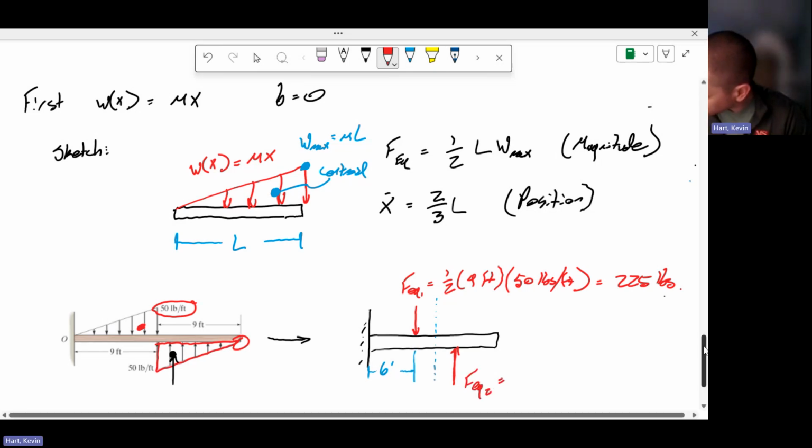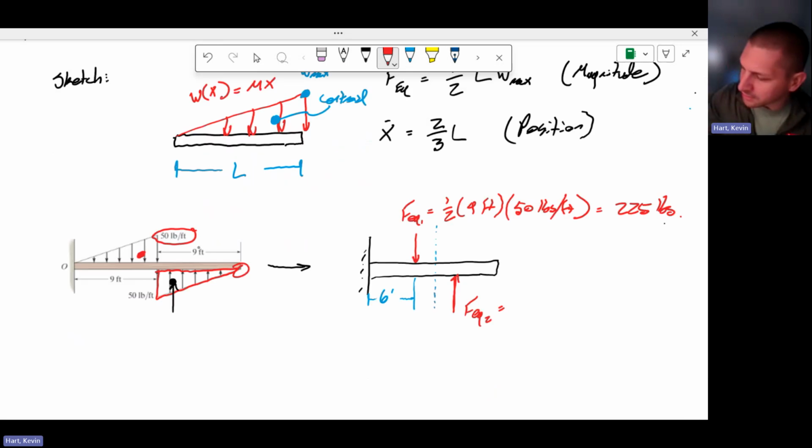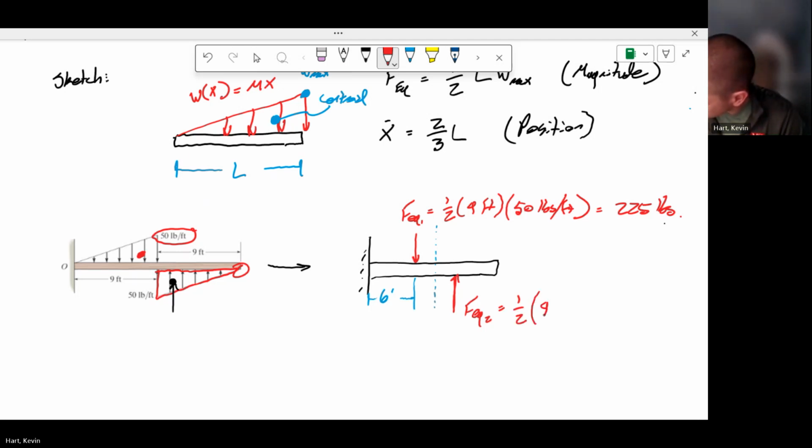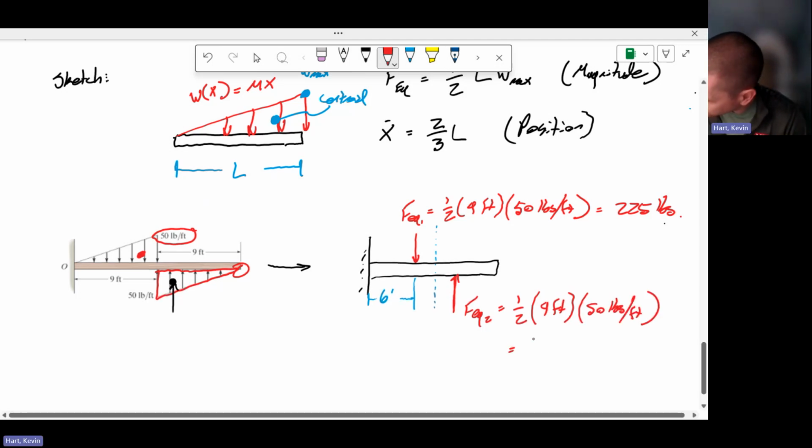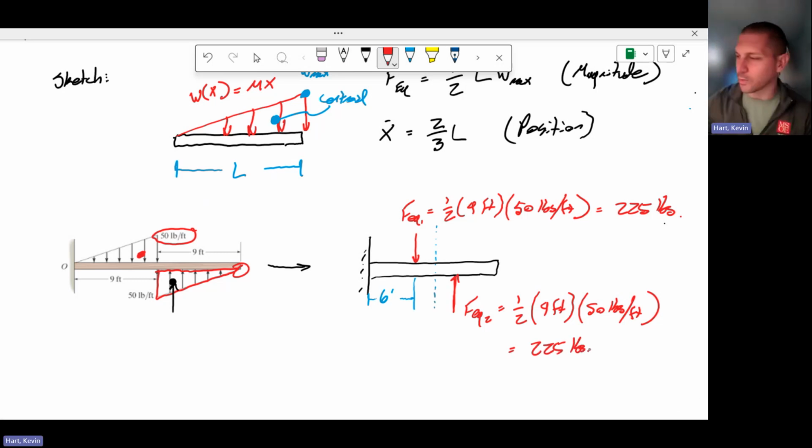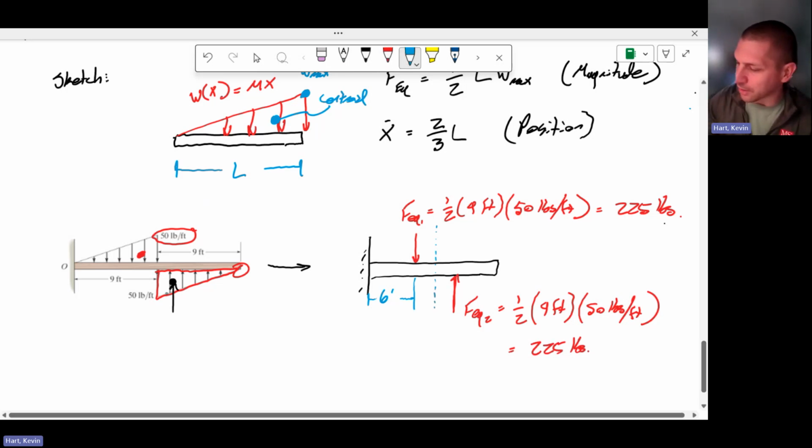And this is going to, again, be 1/2 base times height. So the base, 9 feet. The maximum height is 50 pounds per foot. So similar idea. We're going to, again, have an equivalent load of 225 pounds. And this is going to be located 1/3 of the way past the large portion.